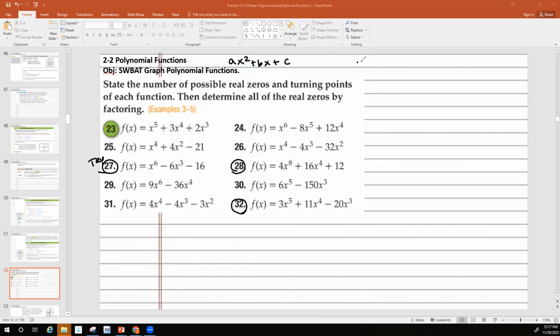All right, so we're going to do 28. F of x equals 4x to the 8th plus 16x to the 4th plus 12. Our n, our biggest number, our degree is 8. So n equals 8. So possible zeros equals 8.